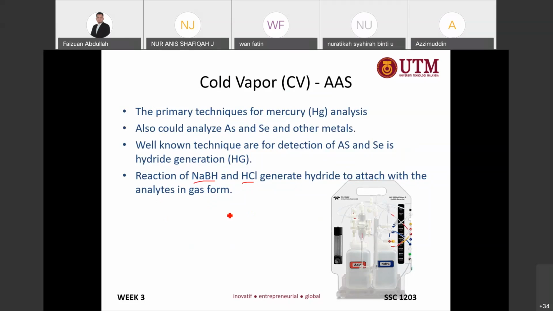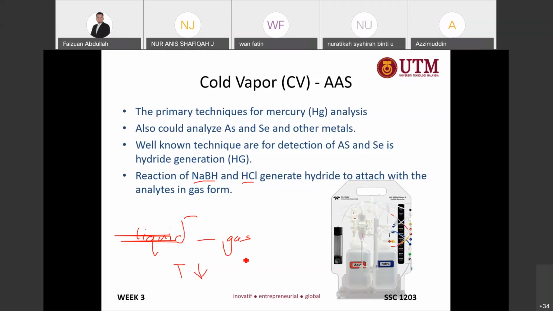So the reaction of sodium borohydride and hydrochloric acid will generate a hydride in the form of gas. It will be transformed from liquid at low temperature.